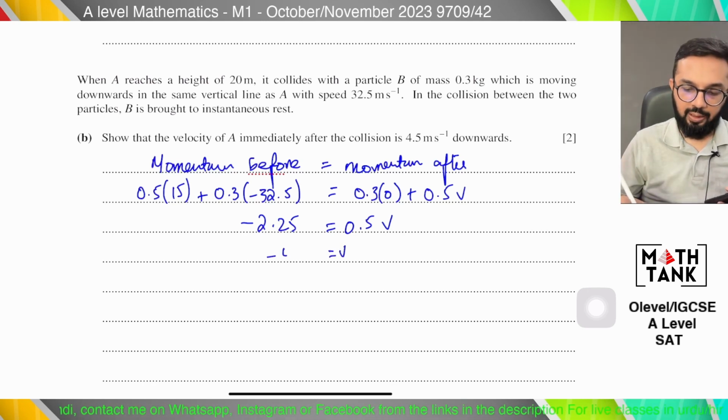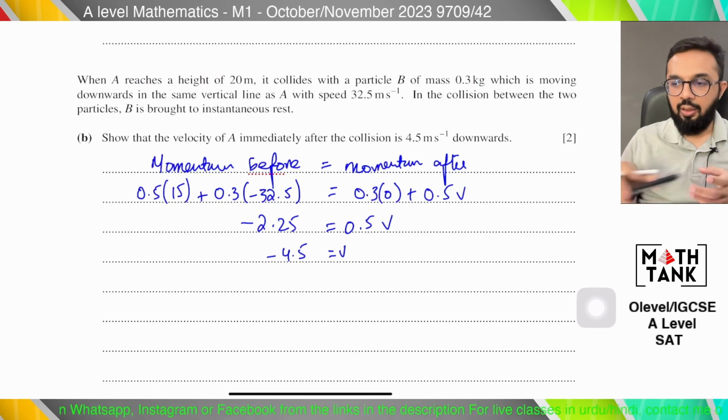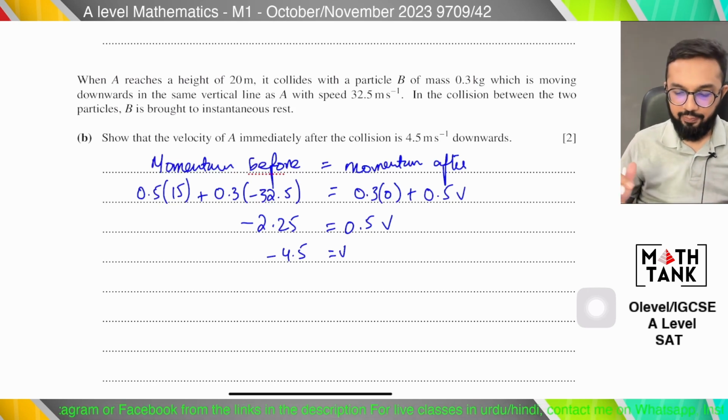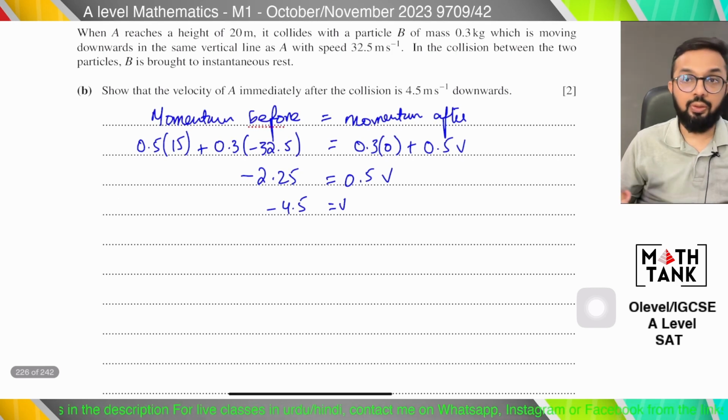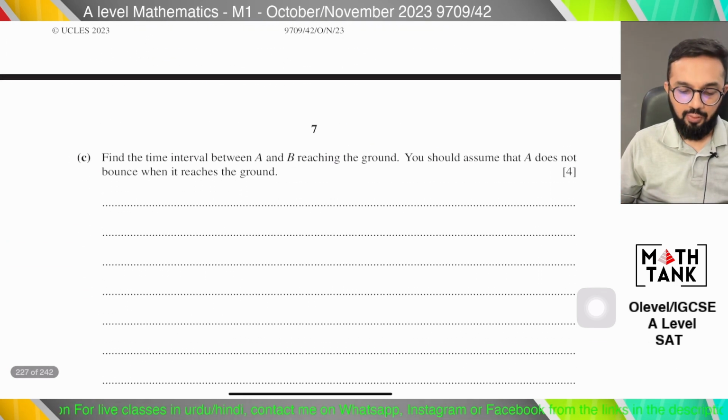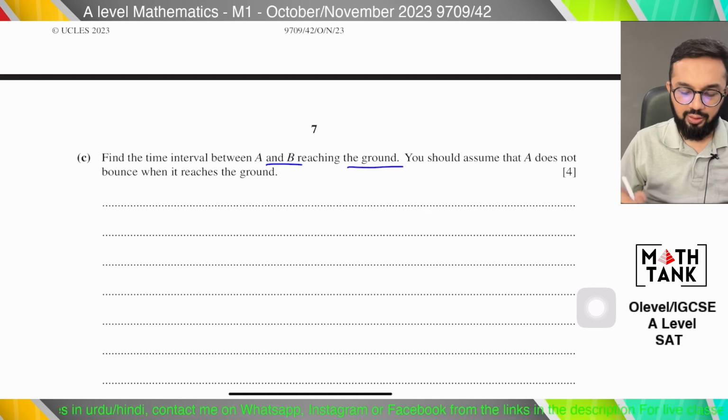So v equals minus 4.5. Since upward was positive, downwards is negative, and that's where A is moving after the collision. Find the time interval between A and B reaching the ground.